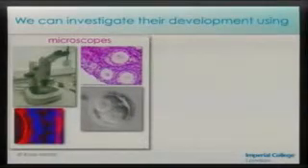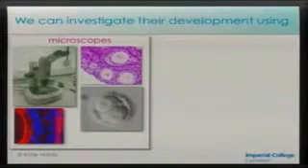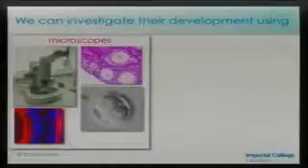So in order to investigate these structures, we use microscopes a lot. We have lots of microscopes and we have access to other microscopes, and I note that Tony McGee's just come in and he leads the film unit here at Imperial, and we use their microscopes, and thank you, Tony.